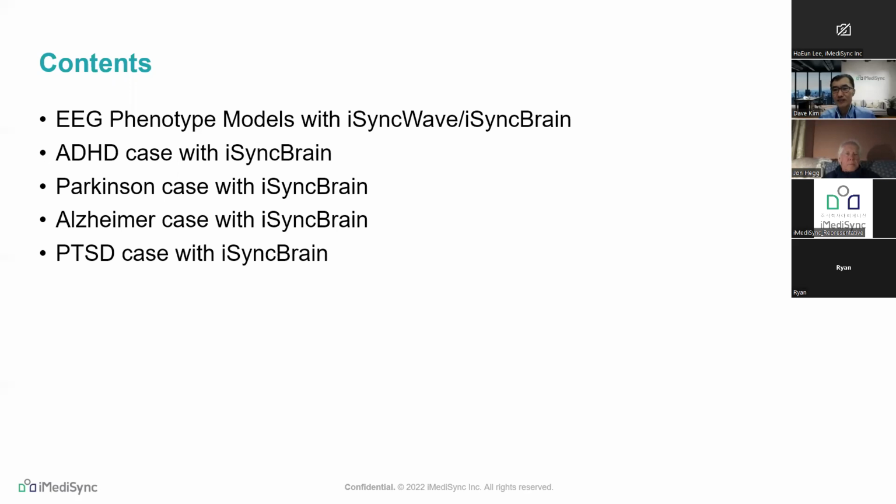Today and next meeting, I can share my cases to describe iSync brain analysis in more detail with patient cases. Then we can share our cases together and discuss the best way to associate patient symptoms with QEEG and how we can design a personalized intervention.